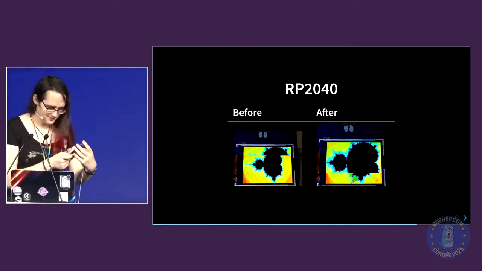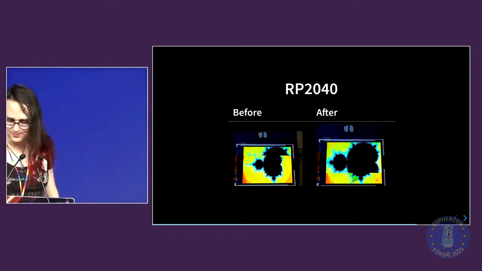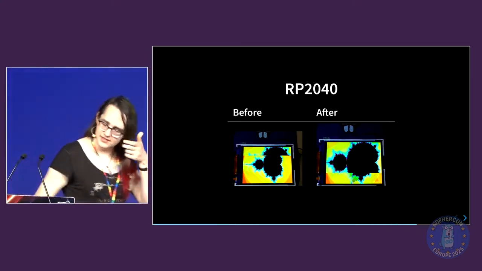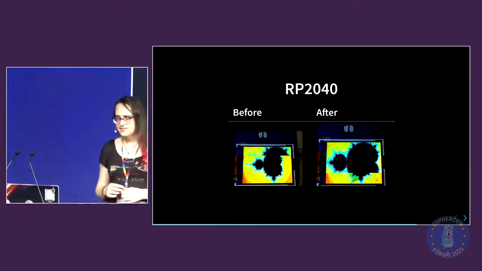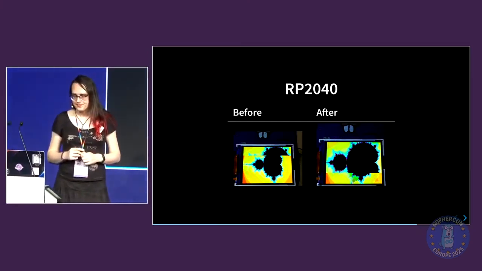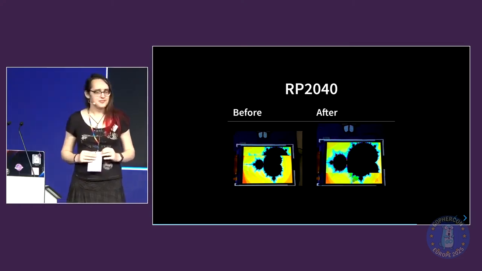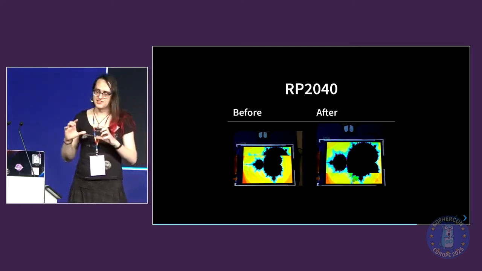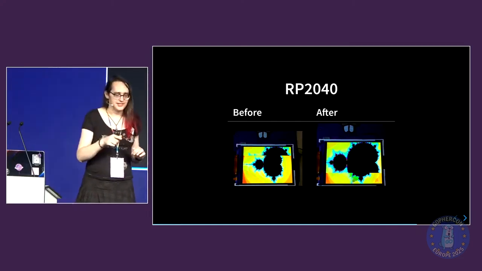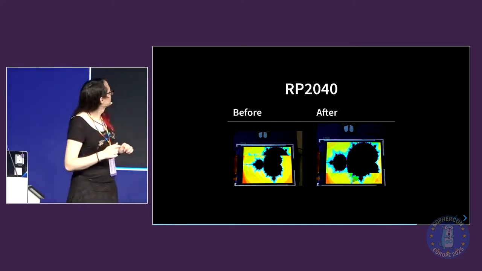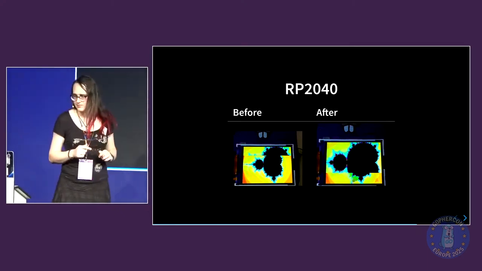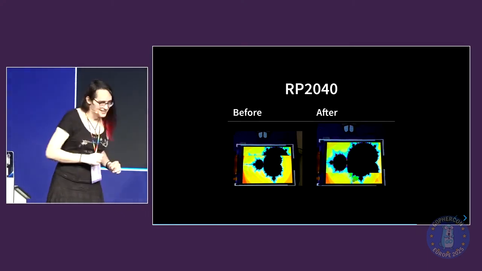This is the Mandelbrot fractal. When I added support for parallelism, I could definitely see a lot of improvement. The fractal is supposed to move, but it isn't. Anyway, it's supposed to be moving.